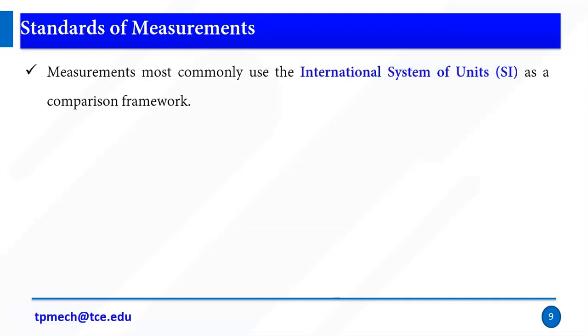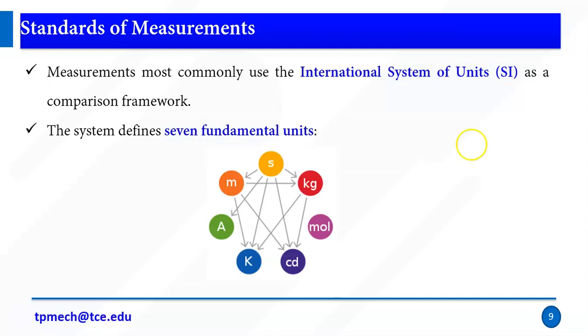In the International System of Units, or SI units, we have 7 individual components, 7 fundamental units. S stands for second. If you want to measure time, it is in terms of seconds. 60 seconds make 1 minute, 60 minutes make 1 hour. Similarly, kilogram, right? Mole: if you want to measure the amount of substance, you need to define it in terms of mole.